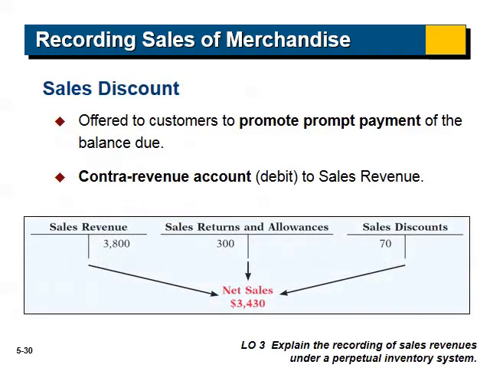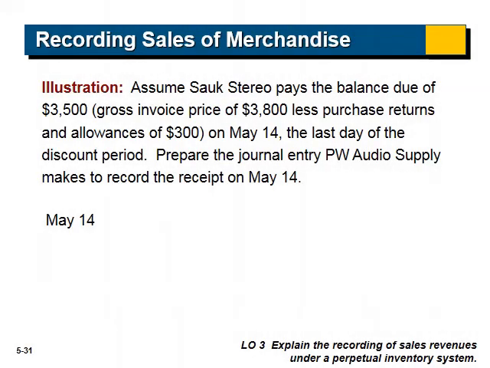And recording a sales discount is kind of just the opposite of recording a purchase discount. In other words, the purchaser got a discount for paying early, and then the seller is recording the discount that they offered. So assume the same kind of thing that we had before.